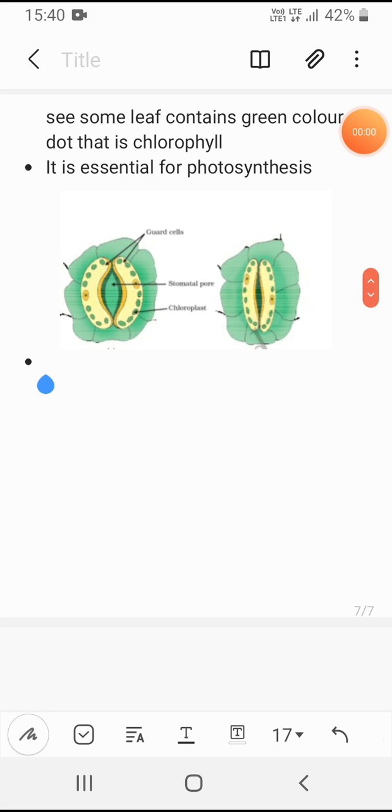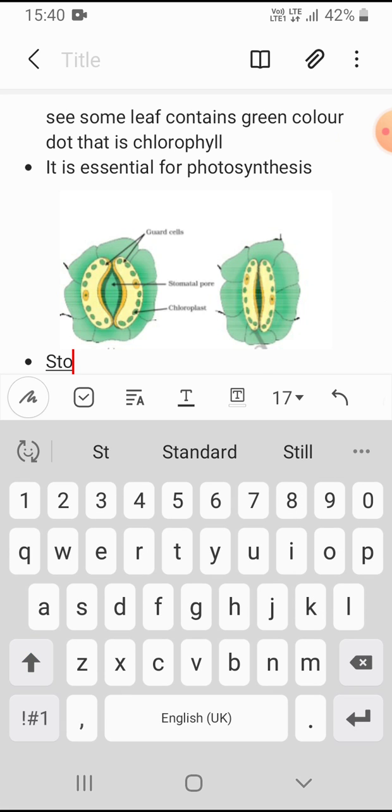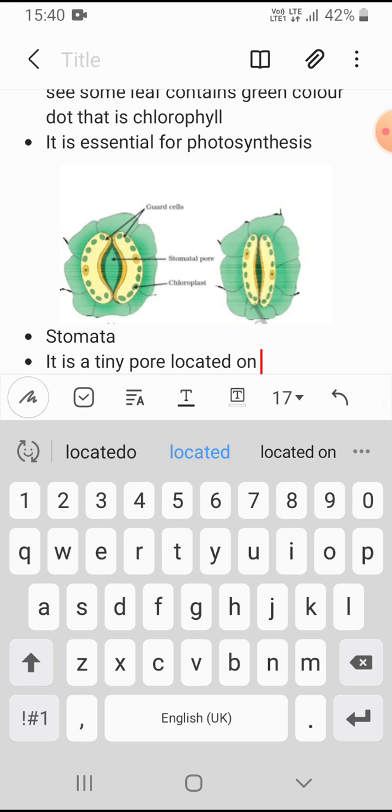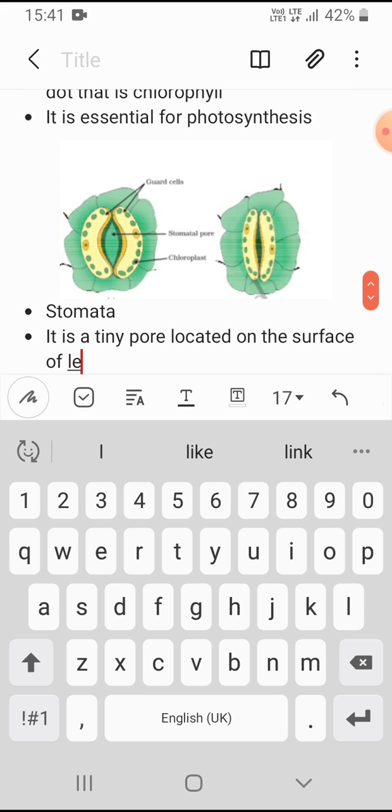Next, by seeing this photo, what first comes to your mind? You may know that it is a stomata. It is a tiny pore located on the surface of leaves.